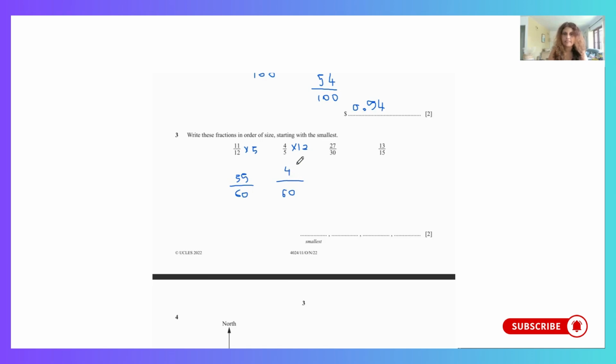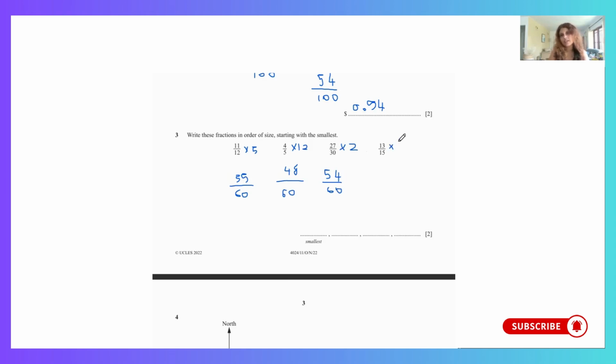Okay. Then the next one is 30. So we know 30 times 2 is 60. So this fraction I'm multiplying by 2. So 27 times 2 is 54 and 30 times 2 is 60. Then the last one, 15 times 4 is 60.